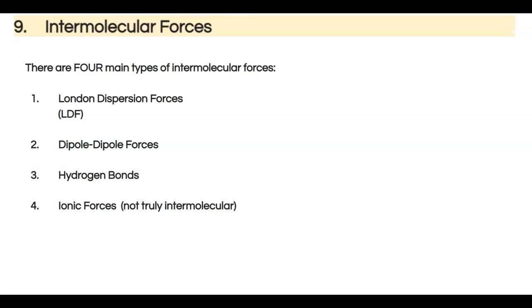There's no sharing of an electron or electron pair. One electron is donated to another atom, and so we end up with ions. So collectively, we call the first three van der Waals forces. Those are the forces that work between molecules to hold samples of matter together.